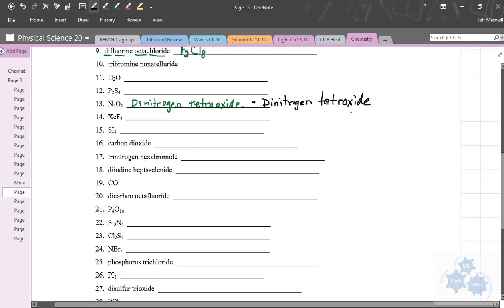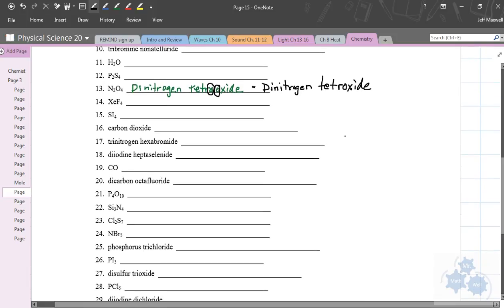Tetroxide is more common. So if there's a vowel before another vowel, let's just say you drop it. Like I say, I will accept either because the rules are not super clear cut, but this would probably be the better option.